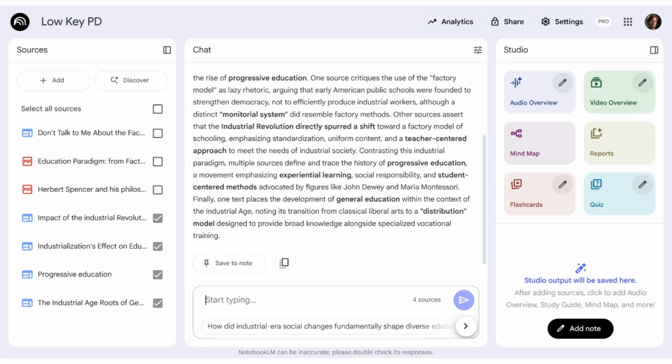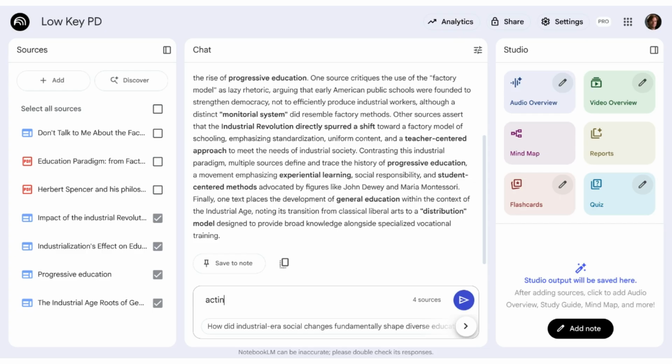For example, I've got some sources selected on the left about the Industrial Revolution and the effects on education, plus the one on progressive education. So I can tailor the response to whatever my prompt is by including the information in the prompt.